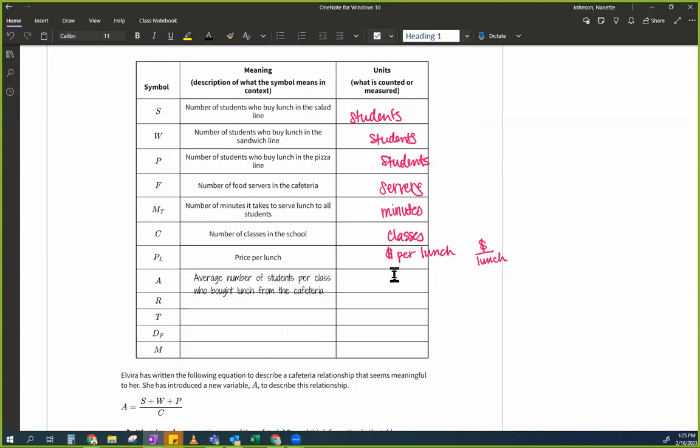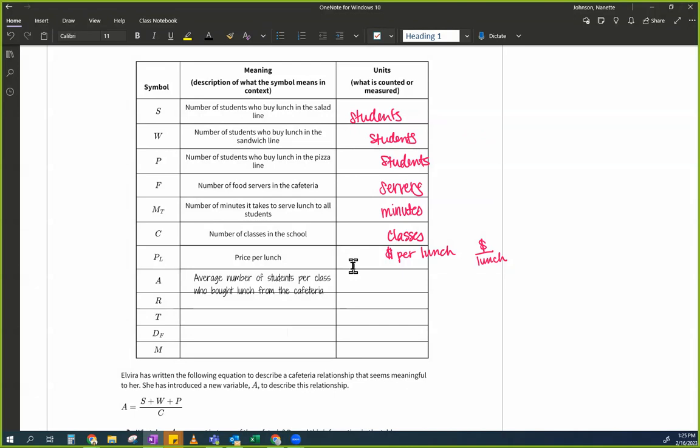Say it again, Ricky. A dollar sign per class? I wouldn't put a dollar sign because I don't see anything here that indicates dollars. I see dollars here for price. Someone wrote students per class or kids per class.